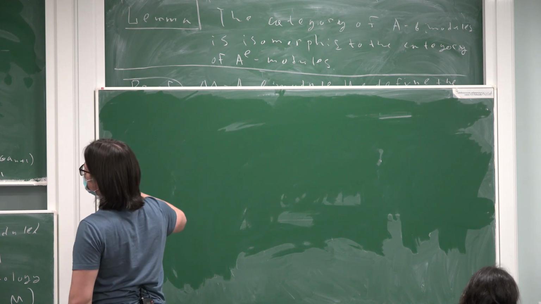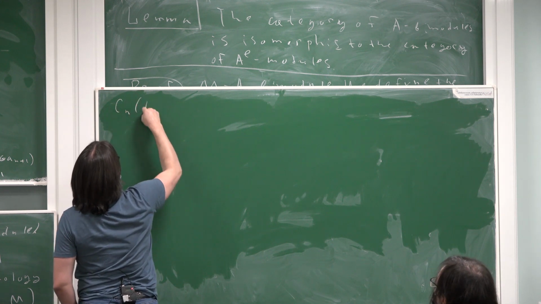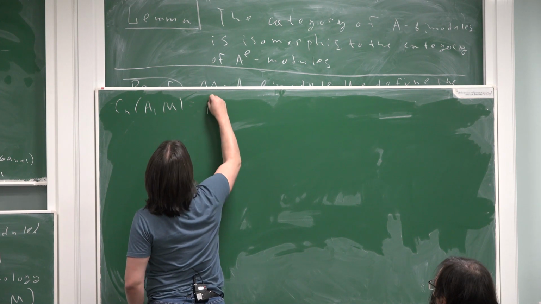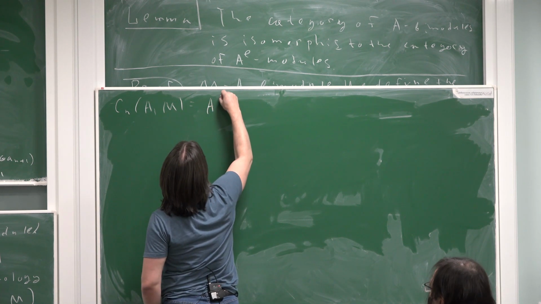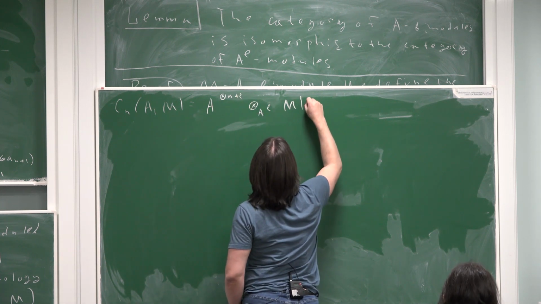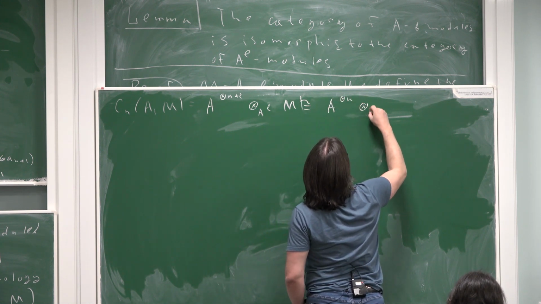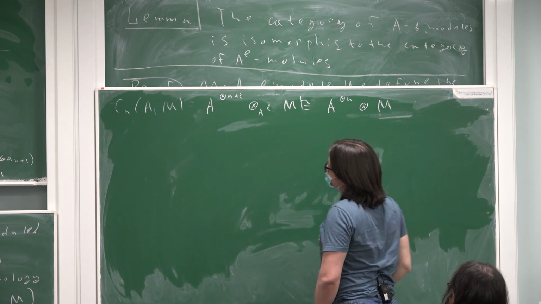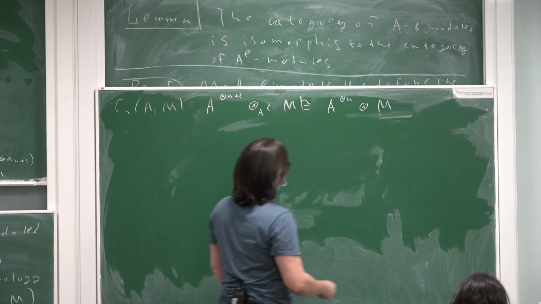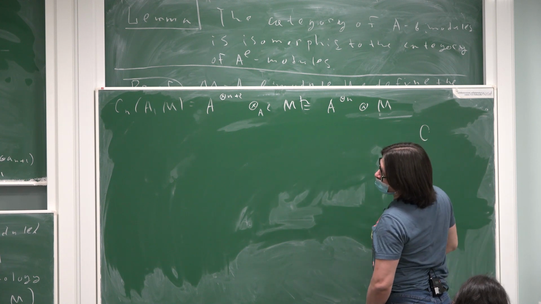Now Hochschild homology is the homology of the complex C_n of A, M, which is by definition A tensor (n plus 2) tensor over A^e with M, which is isomorphic to A tensor n tensor M. Now the differential goes in the direction that we are used to.